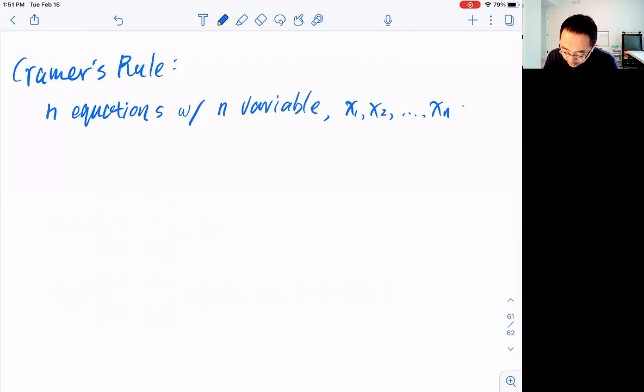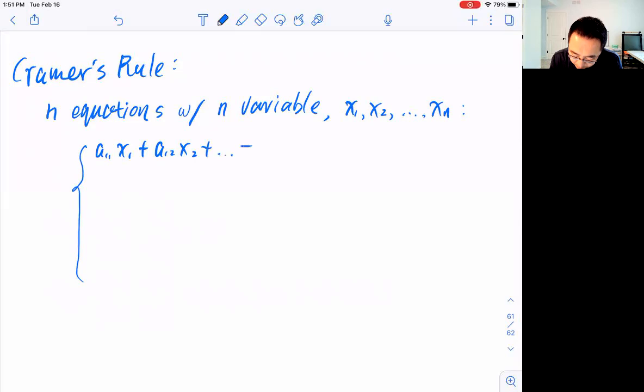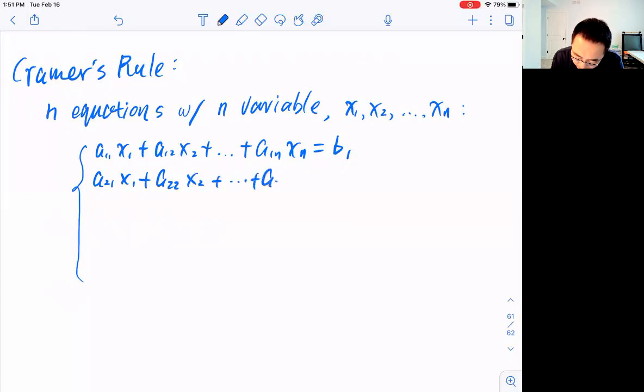And then you can express the system by saying this is a11 times x1 plus a12 times x2 plus dot, dot, dot, plus a1n times xn equals, let's call it b1, to be your constant. Then the second equation is a21 x1 plus a22 x2 plus dot, dot, dot, plus a2n times xn, that equals b2.